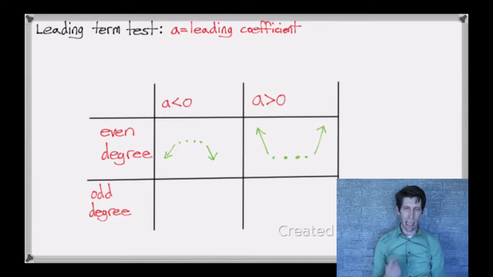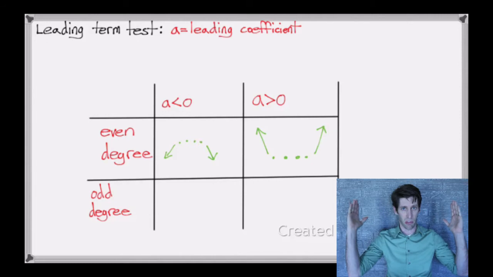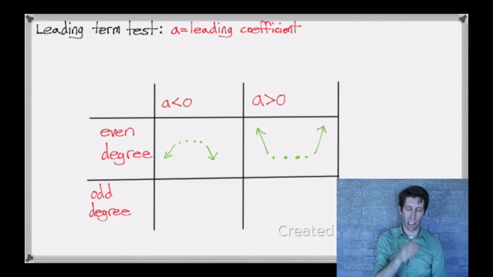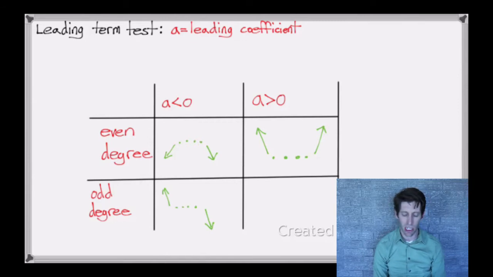On the other hand, if you have an even degree polynomial and the leading coefficient is positive, the end behavior looks like the field goal sign. The basic idea here is it looks like the ends of a parabola. It's just whatever happens in between for right now is a bit of a mystery. On the other hand, if you have a negative leading coefficient and an odd degree polynomial, the end behavior looks as displayed.